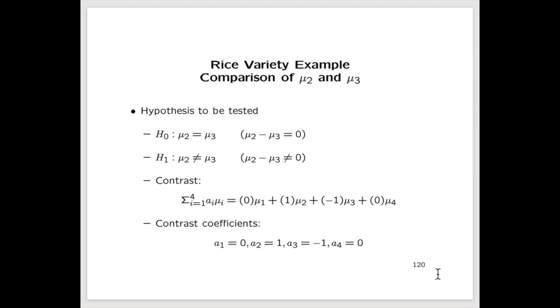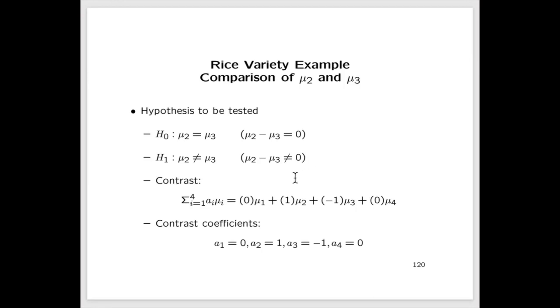All right, so the null hypothesis would be that mu2 is equal to mu3, against the alternative hypothesis, which would be mu2 not equal to mu3. Stated in terms of a difference, the null hypothesis would be mu2 minus mu3 is equal to 0. The alternative would be that mu2 minus mu3 is not equal to 0.